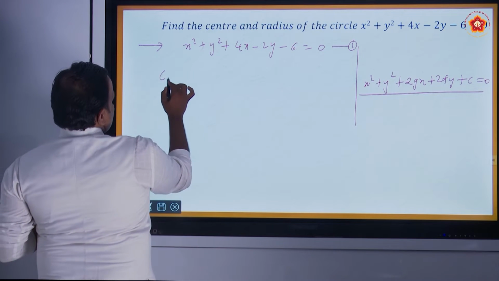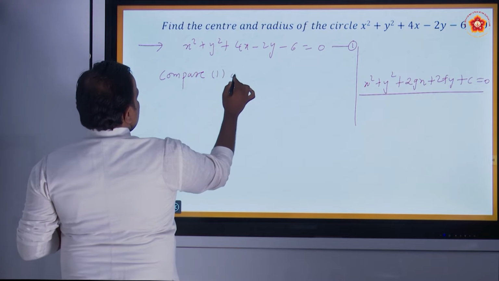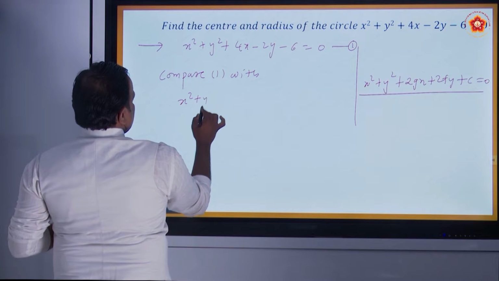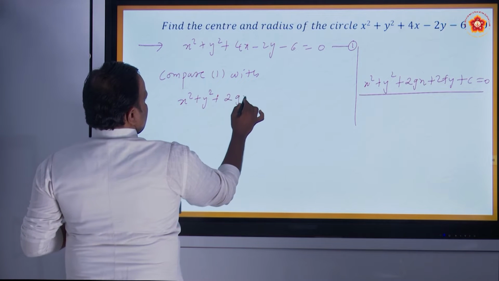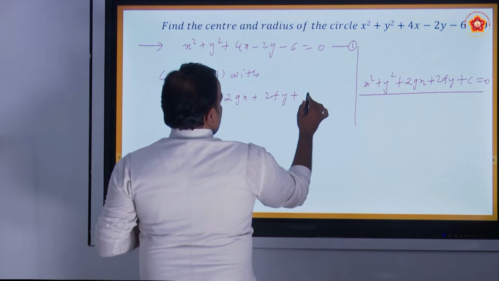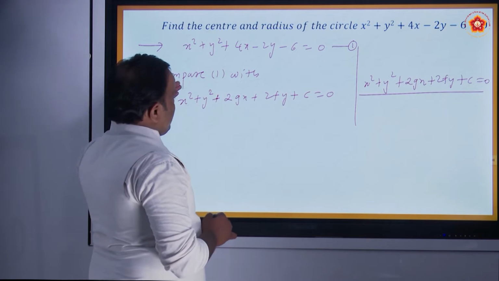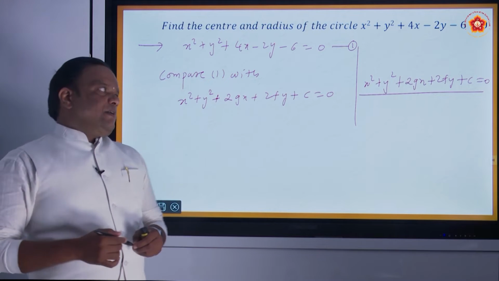Compare the given equation with the standard equation x square plus y square plus 2gx plus 2fy plus c equal to 0.